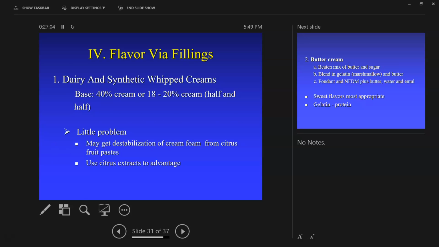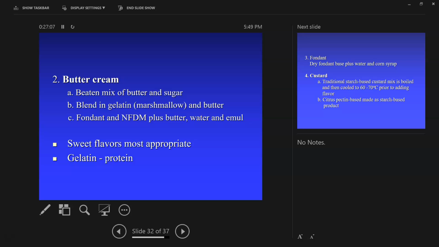Buttercream, so you can have dairy synthetic creams, buttercreams, a butter sugar mixture, blend in gelatin, get a marshmallow style texture. Fondant, again, non-fat dry milk, it's butter. So basically, different sweet, buttery fillings. Sweet flavors are most appropriate. You do have gelatin as a protein, so you can get some chemical reaction, but again, it's not during the baking process.